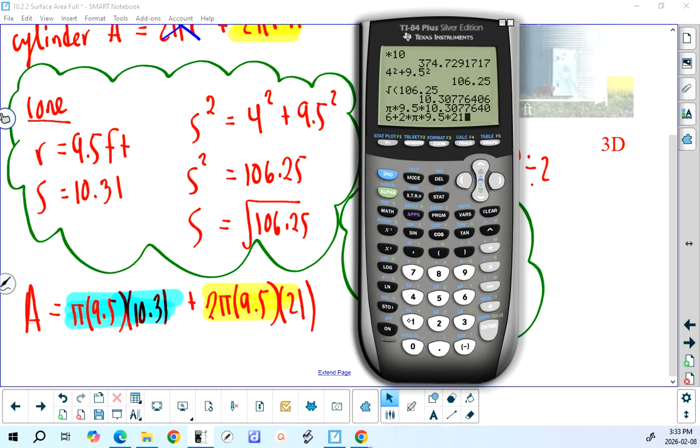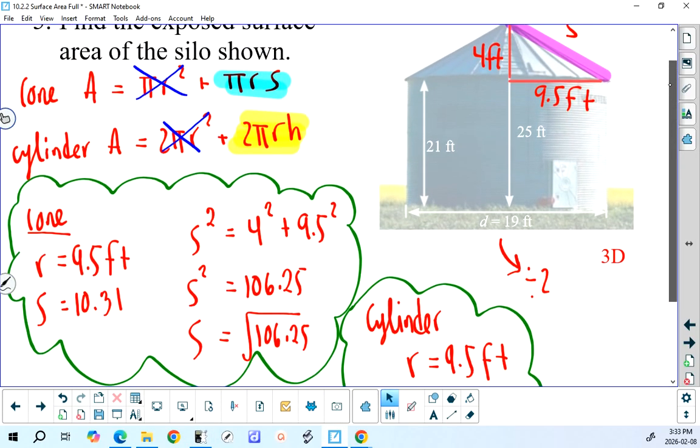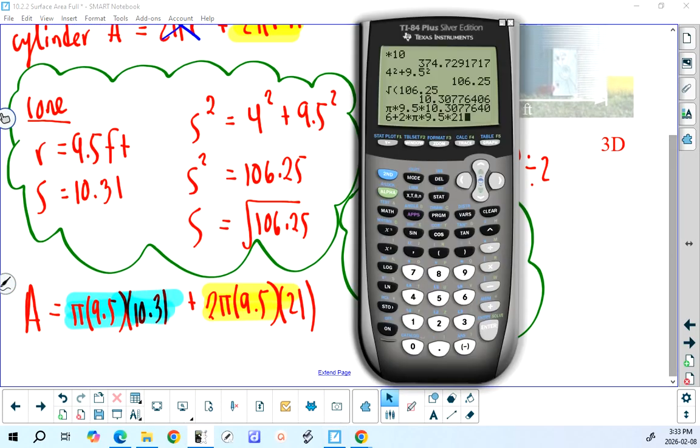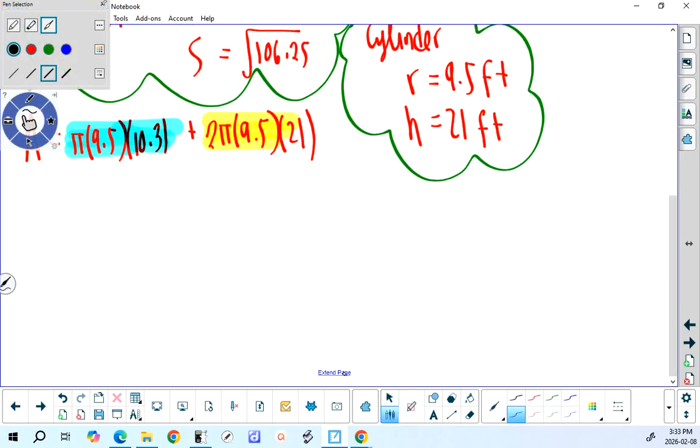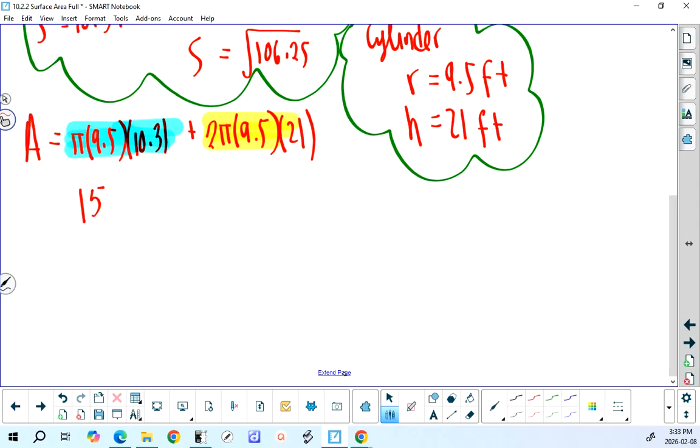Pi rs plus 2 pi rh. Looks okay. So the total surface area is 1,561 square feet. And that's our answer.